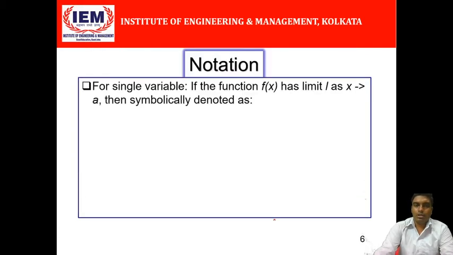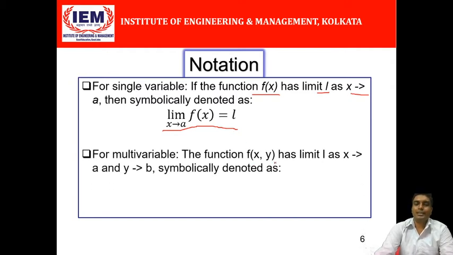Now, for the single variable, if a function f(x) has some limit L as x tends to a, then symbolically we denote this as limit x tends to a of f(x) equal to L. For the case of multivariable, we have two independent variables x and y, and suppose the limit of this function is L as x approaches a and y approaches b. How can we write this symbolically?